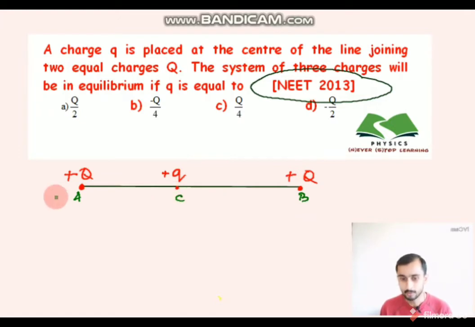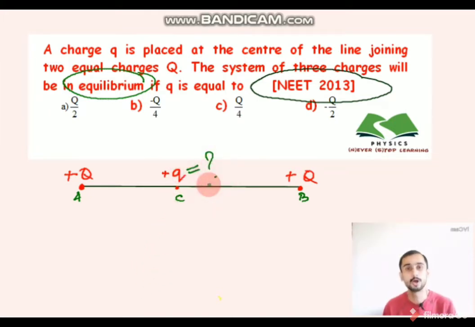Now what happens? All are positive charges, so when there are like charges, what will happen? They apply force on one another, or even if there are unlike charges, there will be electrostatic force. One charge applies force on another charge. Now as per the question, this system has to be in equilibrium, so what should be the value of charge small q?